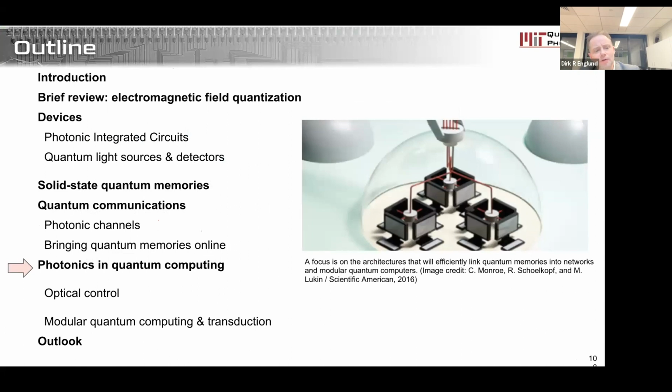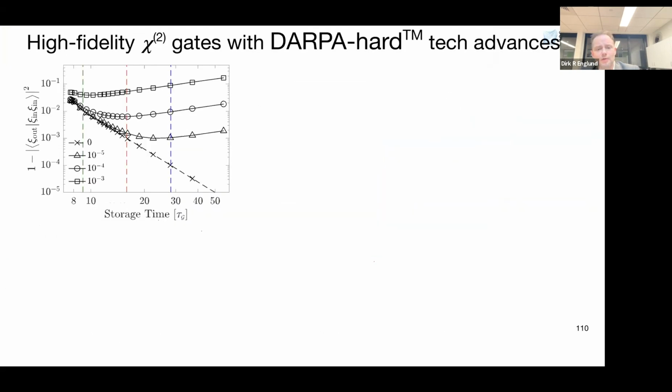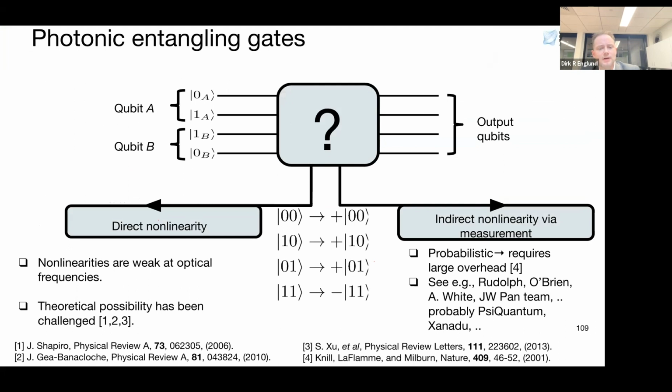But I did say early on that quantum networking is inseparable probably from quantum computing in the long run. So I just wanted to show a couple of instances here of how these kinds of optical circuits that we're doing for quantum networks connect with quantum computers.